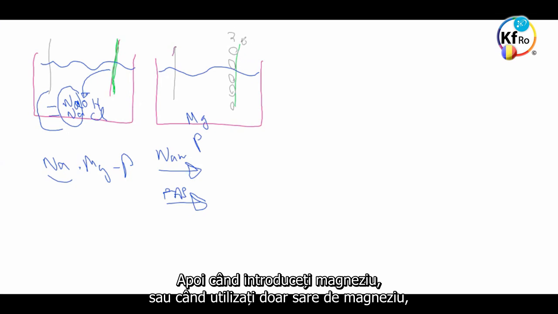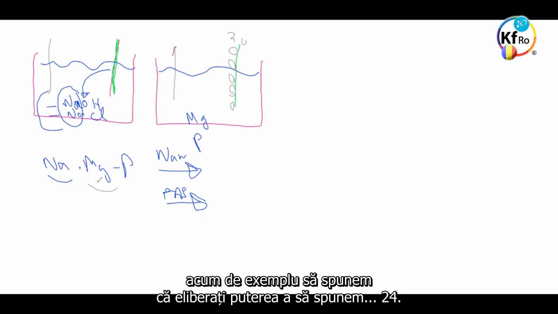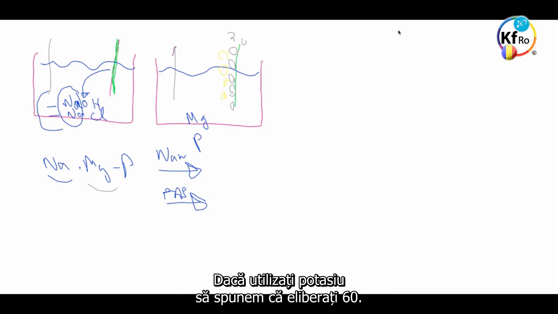Then when you introduce magnesium, or you only use magnesium salt in production of the nano coating or in the gas production, now for example, let's say you release the strength of, let's say 24. If you use potassium, let's say you release 60.